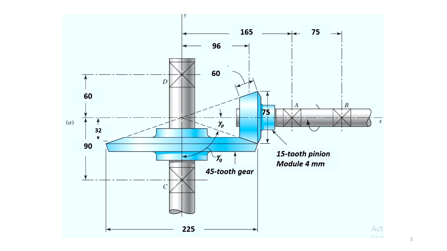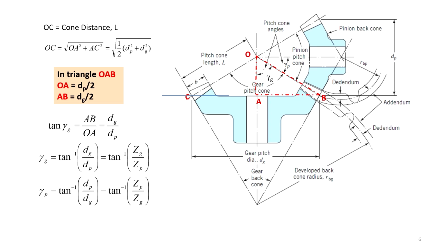The figure is shown in more detail here. Now, in this figure, 2 bevel gears in section are shown, which are meshing with each other. This is the gear and this is the pinion, and the pitch diameter of the gear is measured from its big end along the pitch cone.